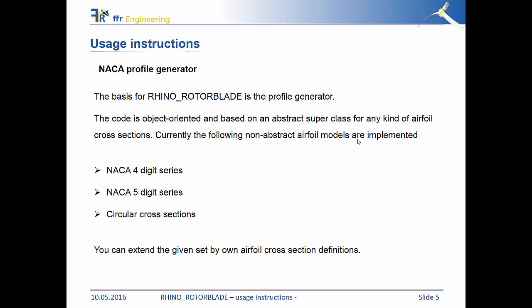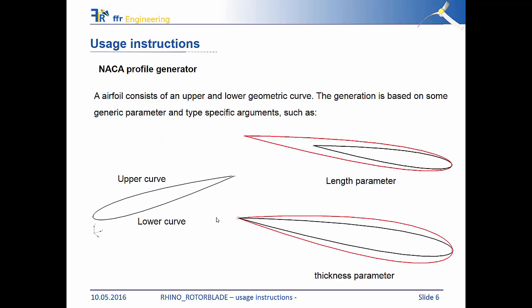At the moment you have those and also circular cross sections. You can extend that, and we also plan to extend the set of provided cross sections in the future with more flexible options. But nevertheless, those options are available already, and you will see that you can use them to generate some nice wing and rotor models.